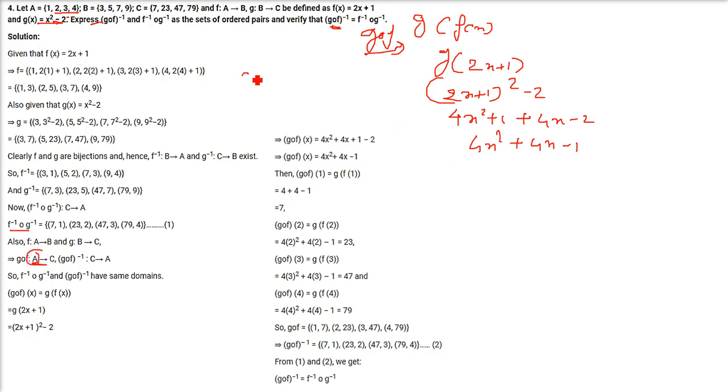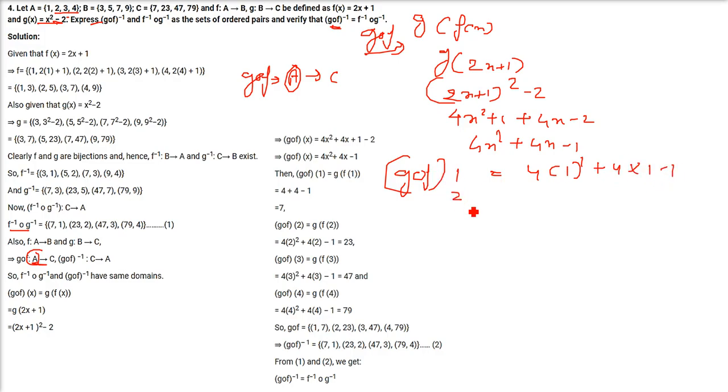So take the values of the domain A, which is 1, 2, 3, 4. In place of x you will put 1, 2, 3, 4. So 4 into 1 square plus 4 into 1 minus 1.